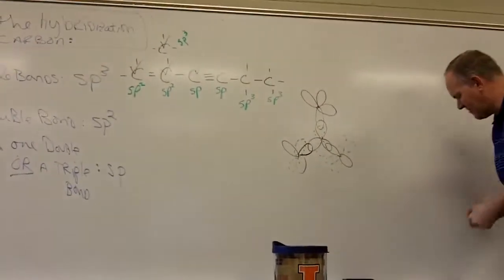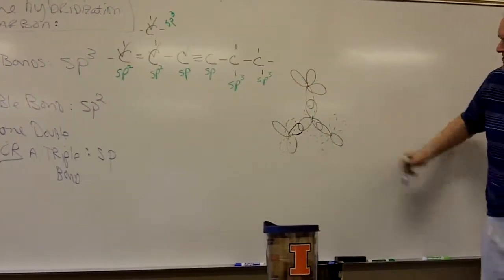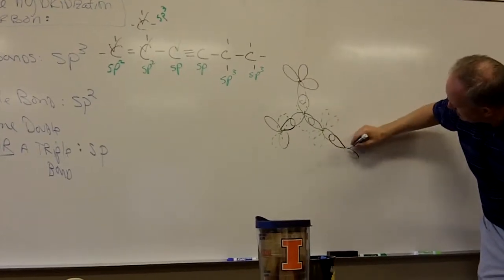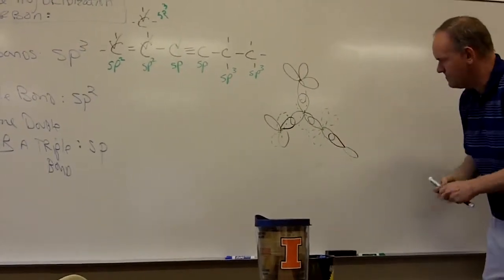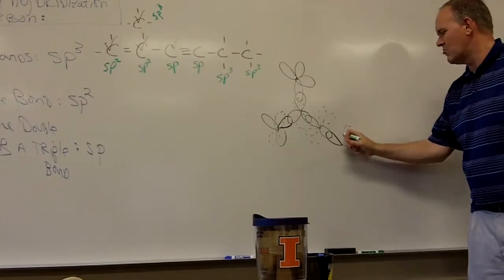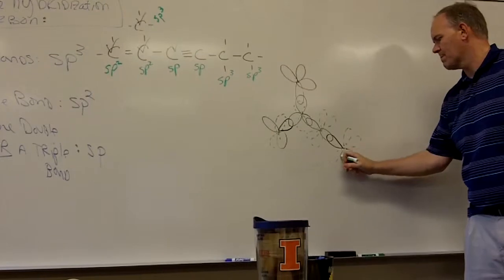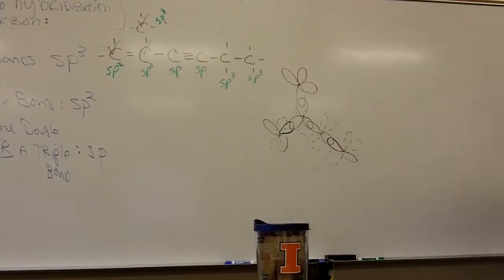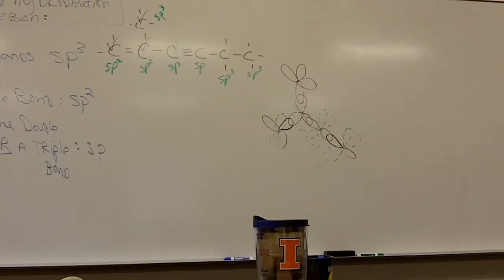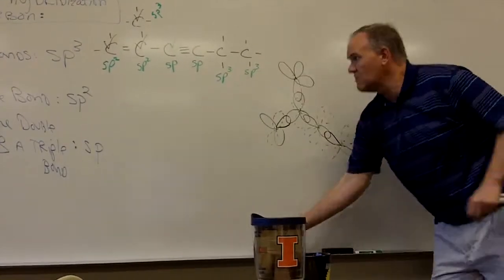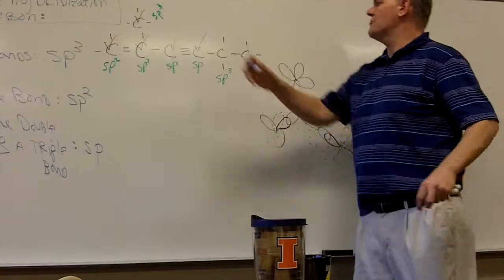So that's going to line up straight away with it, isn't it? Another. Line up. And again, more unhybridized p's. Almost like butterflies. So that's done. Oh, we're getting close to the end.